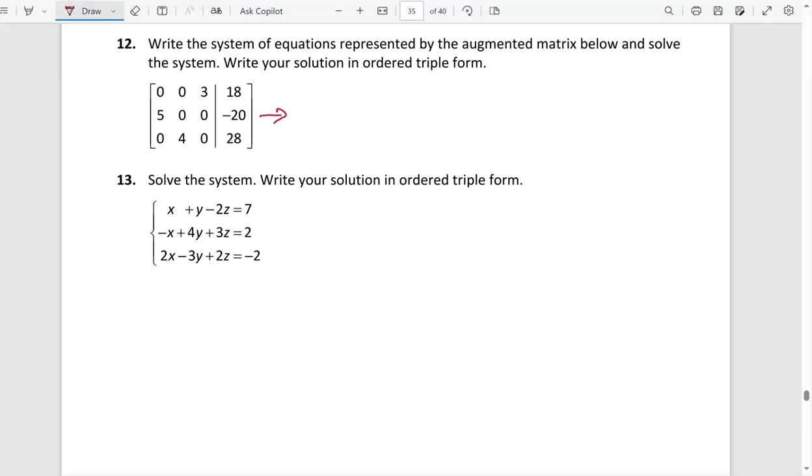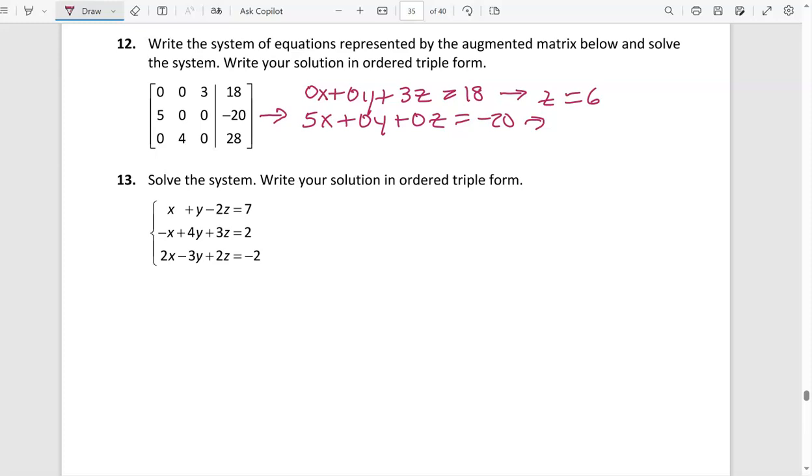So our first equation is 0x plus 0y plus 3z is equal to 18. That's just 3z is equal to 18, so that means z is 6. And then our second equation, 5x plus 0y plus 0z is equal to -20.